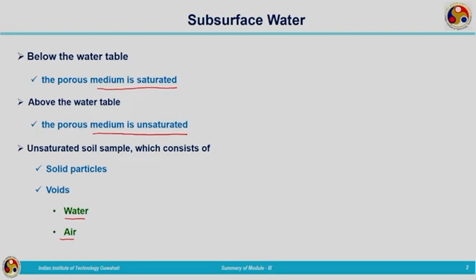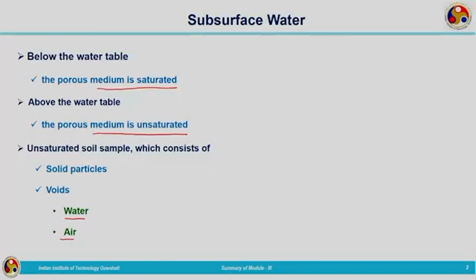If it is partially filled with water, that is some of the voids are filled with air, then we call it unsaturated soil. Sometimes all the pores are filled with air only, there is no water present, then we call the soil dry.